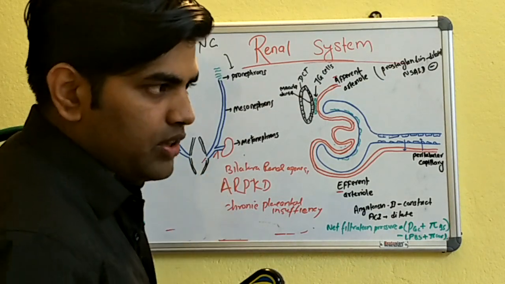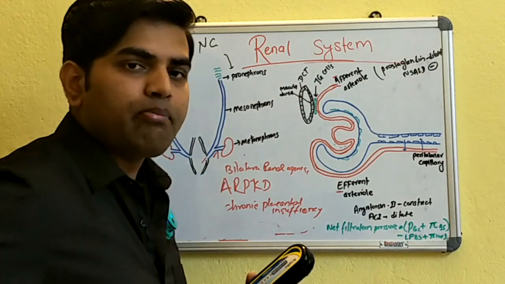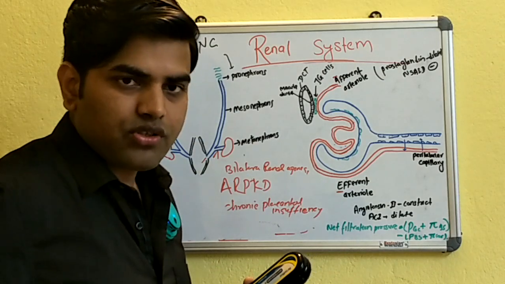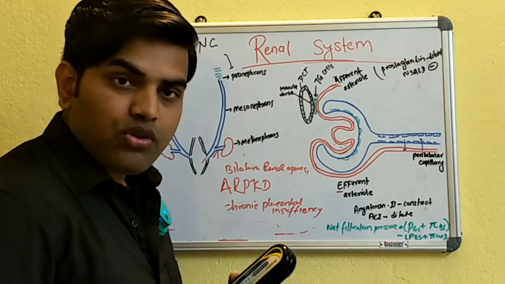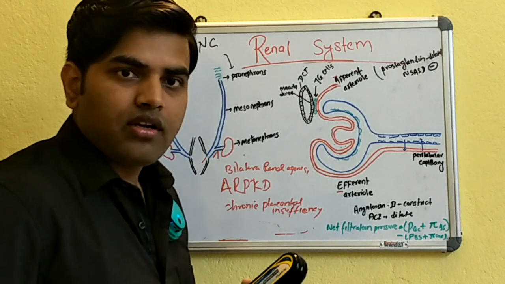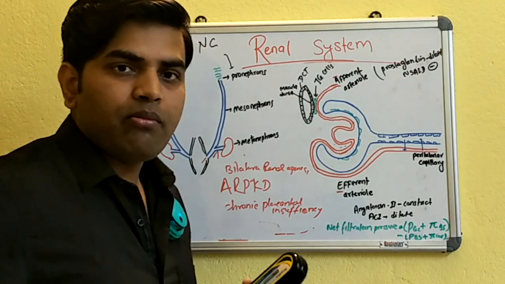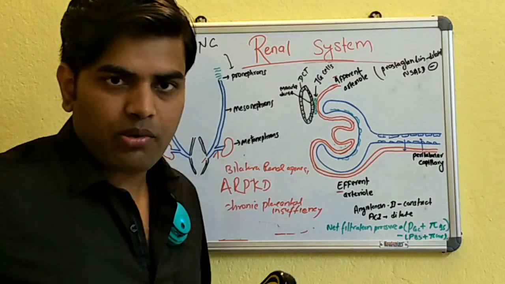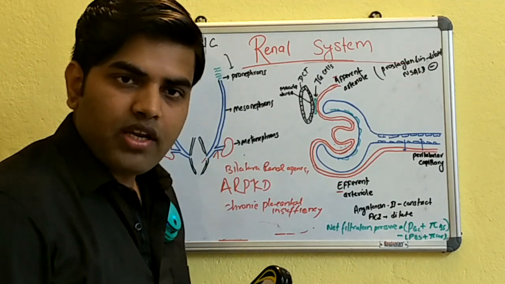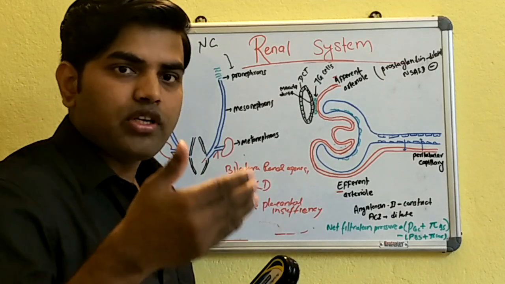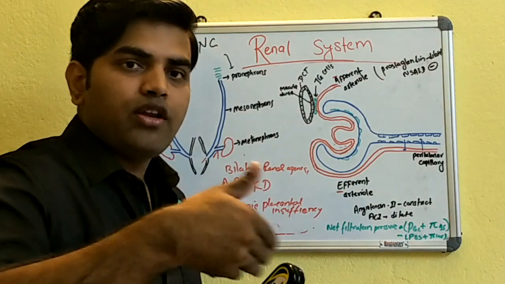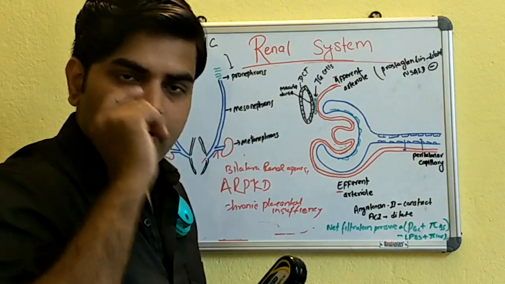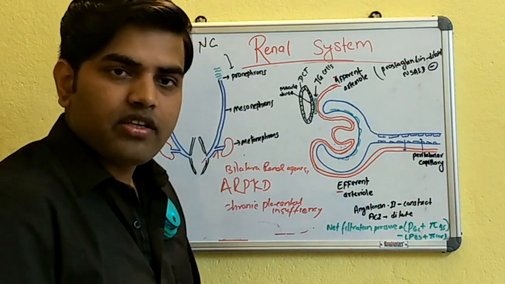You remember one thing: if there is any problem in the pelvis, suppose a stone or any obstruction, or in the ureter, or at the uretero-vesical junction, then that will lead to unilateral hydronephrosis, because it is one side. But when it comes to the urethra or internal urethral orifice, there is a single blockage but both kidneys drain through it.